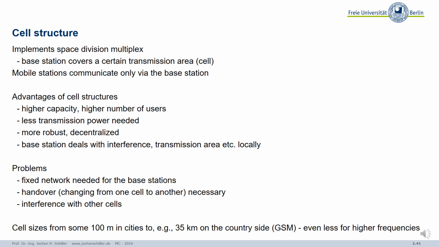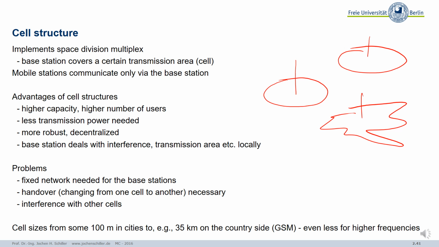Why? I showed you with space division multiplexing, we create transmission ranges looking similar to this. As long as we have guard spaces, we can reuse the same frequencies at the same time, even with classical technologies.